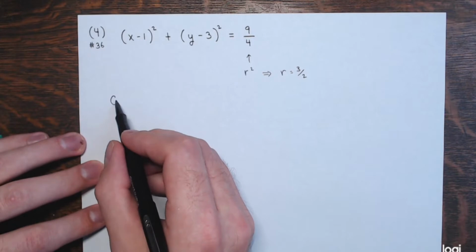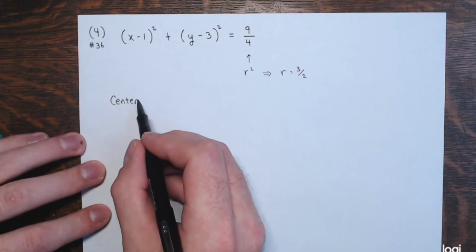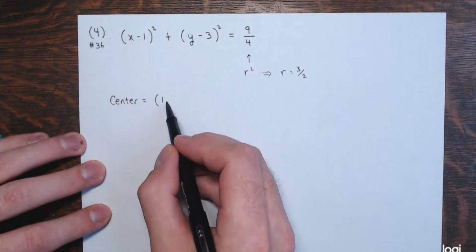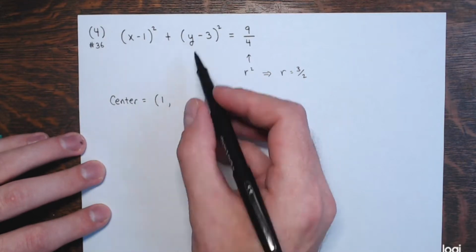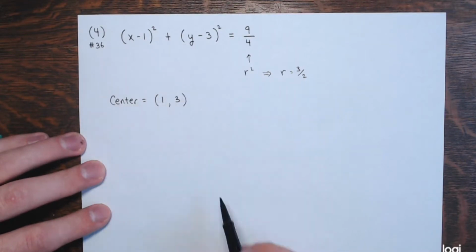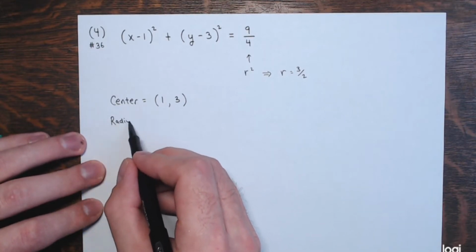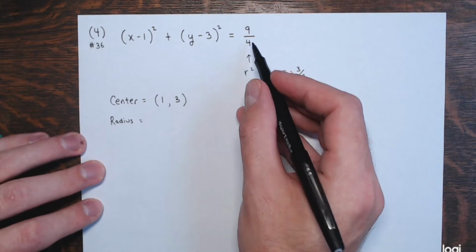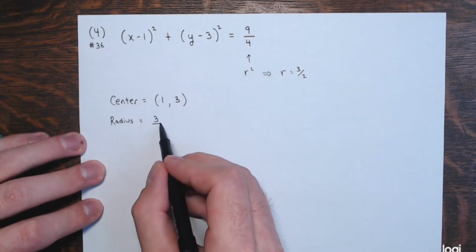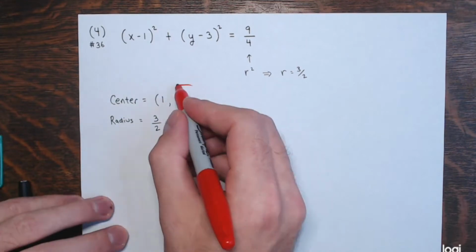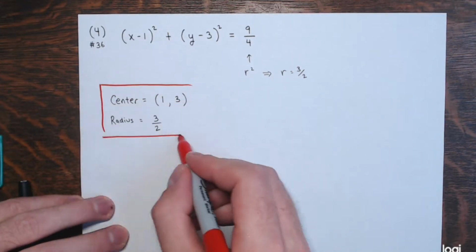Alright, so the center is, the x coordinate would be 1, y coordinate, y minus 3, so 3. And the radius, as I've already stated, is the square root of this number, 3/2, 1.5, however you want to say it. So I've identified the center and the radius.